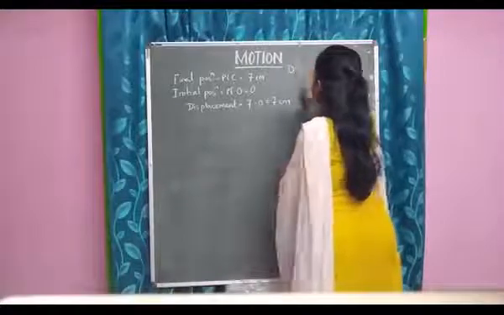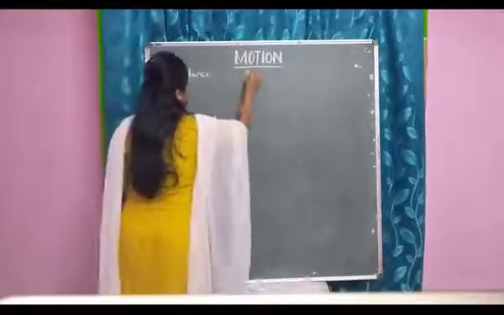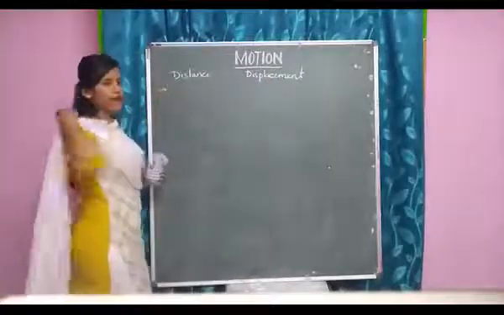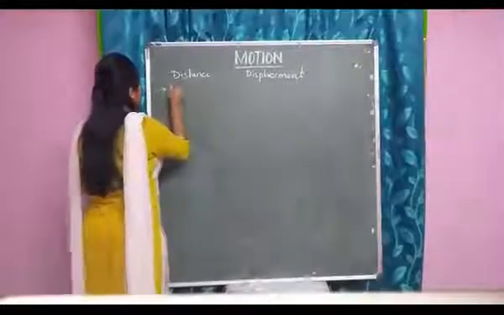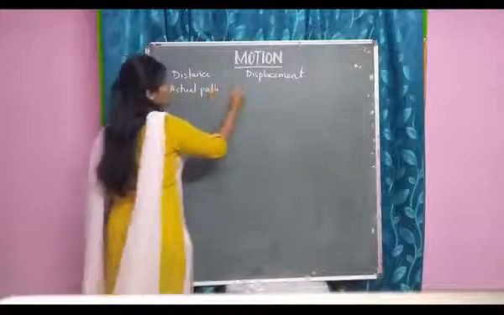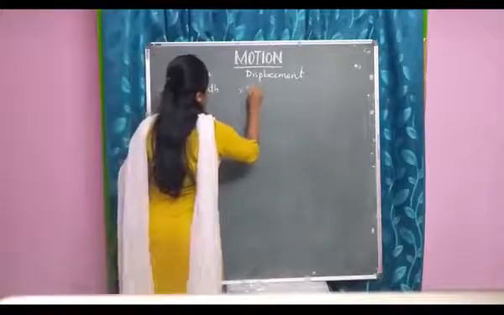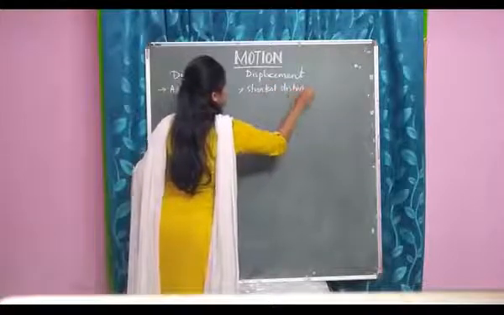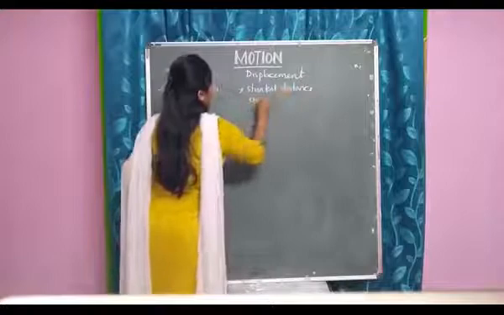Distance is the actual path traveled by the body, and displacement is the shortest distance between the initial and final point.